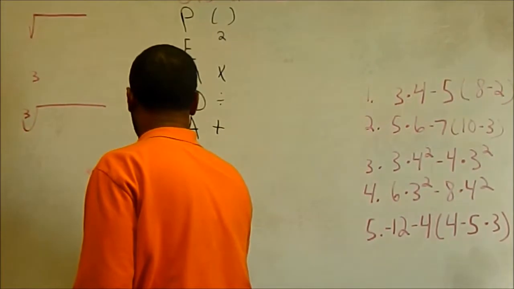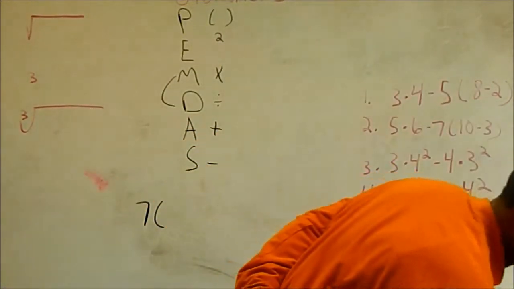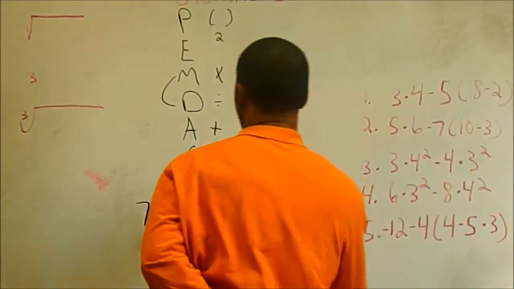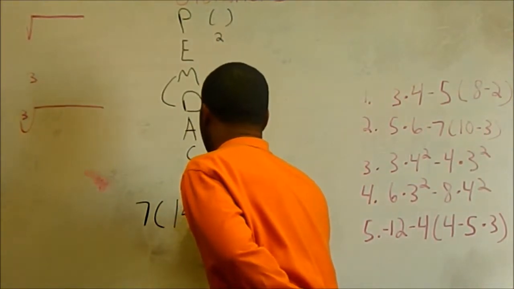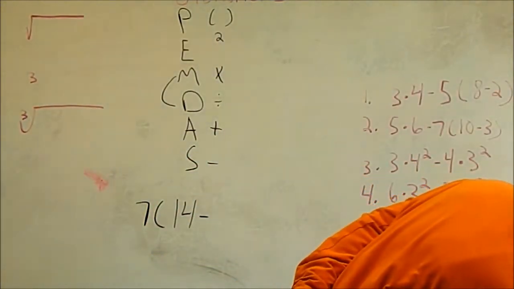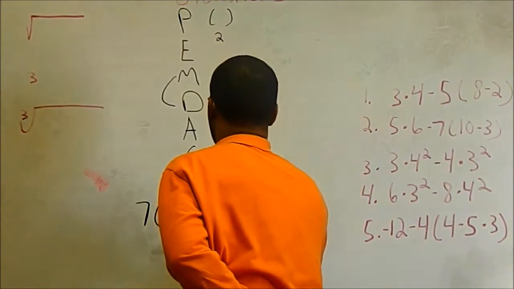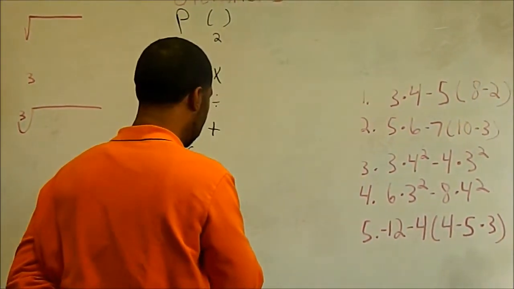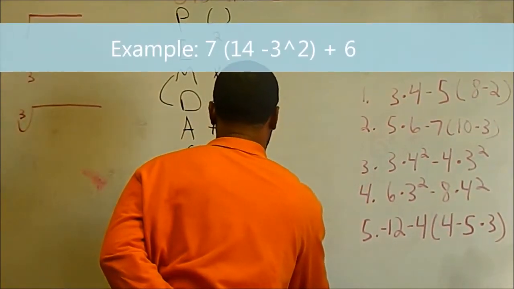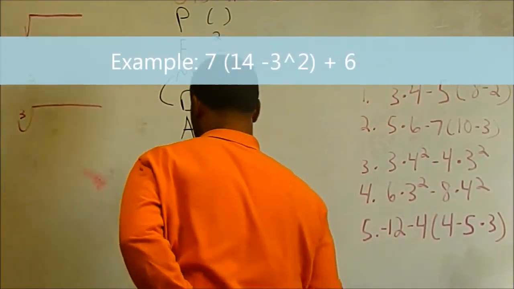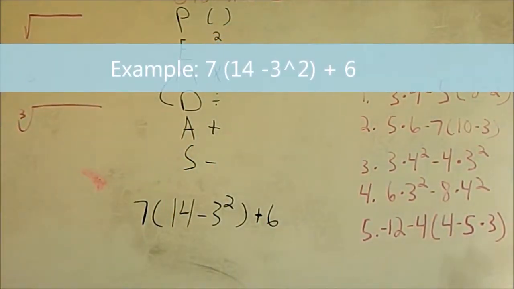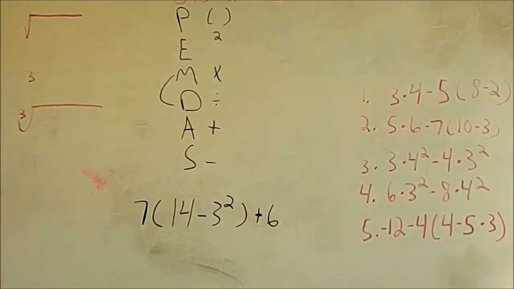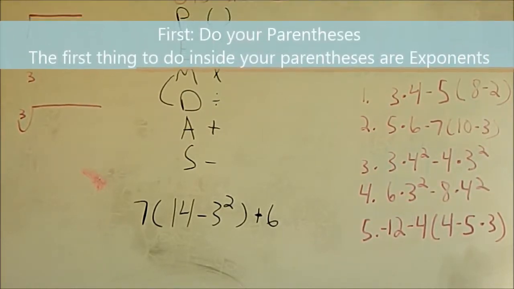We have 7, parentheses, 14 minus 3 to the second power. Is there another parentheses? Oh, yeah. Another parentheses, and then plus 6. Now, what's the first thing I should do? Parentheses. Now, inside of my parentheses, what's the first thing that I should do? Exponent. I should do my exponent.